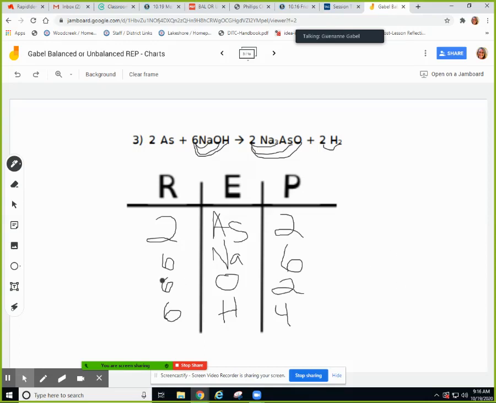And the goal is to identify whether or not they are balanced by calculating the number of atoms for each element on both your reactant side and your product side. Okay, and we know that this is unbalanced because I do not have an equal number of oxygen atoms and hydrogen atoms on both sides.